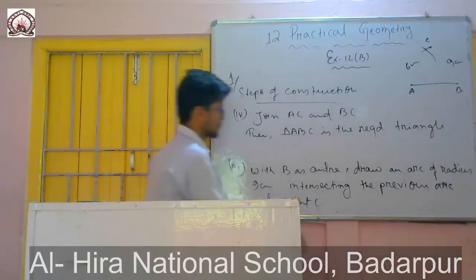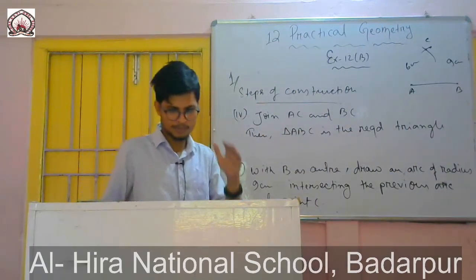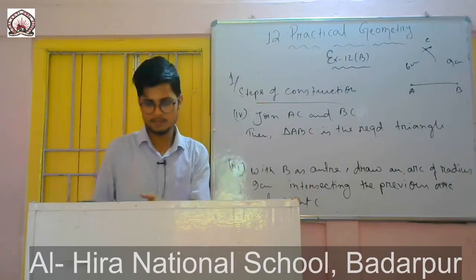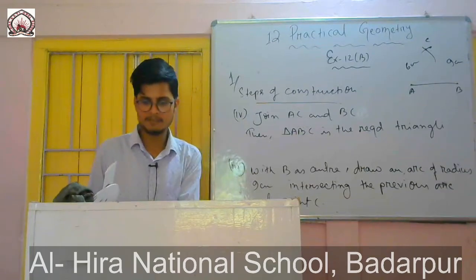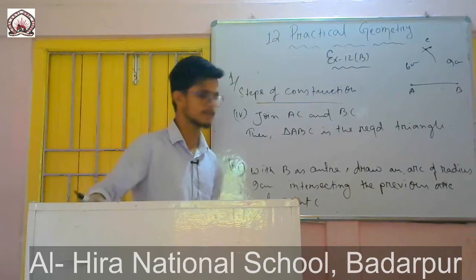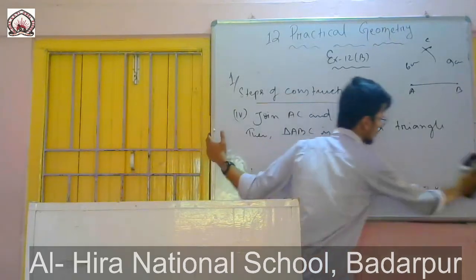For the other questions, question number 2, 3, 4 and 5, up to this much you have to write. But in question number A, one extra part is given: you have to measure angles A, B and C. So you have to write one line more.